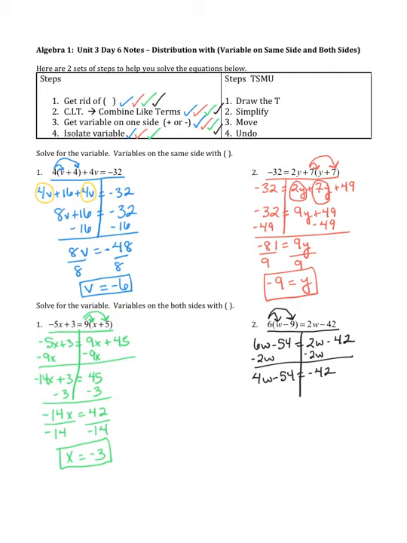I got the variable to one side. Now I'm going to isolate. 4w equals 12. Check off isolate. Divide everything by 4. w equals 3.